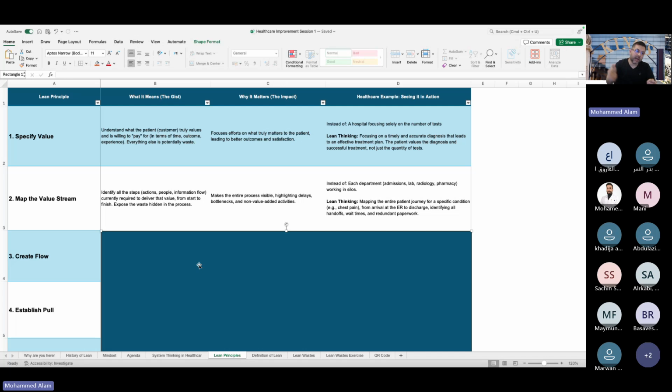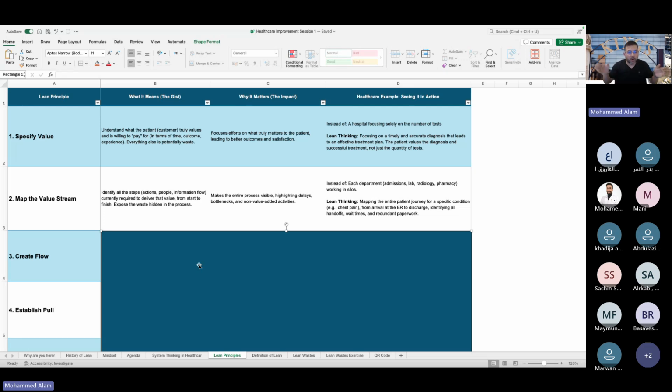And it doesn't start when the patient is in the hospital, but rather it starts even before the patient comes to the hospital. Maybe it starts with the booking itself, booking for the appointment, coming to parking, finding the parking space, coming to the hospital, doing the registration, going to the vital, and so on and so forth.